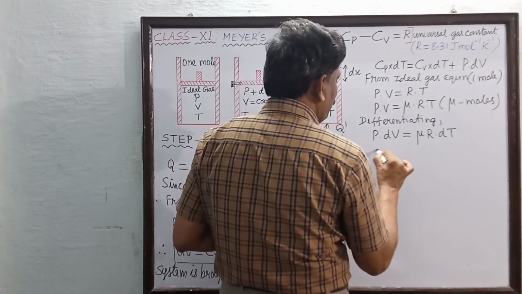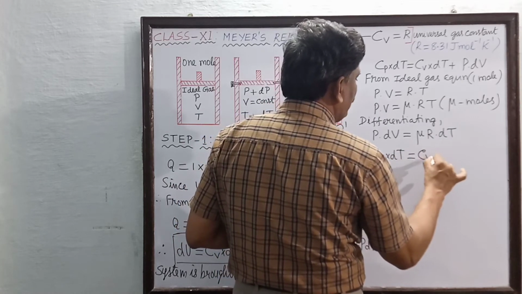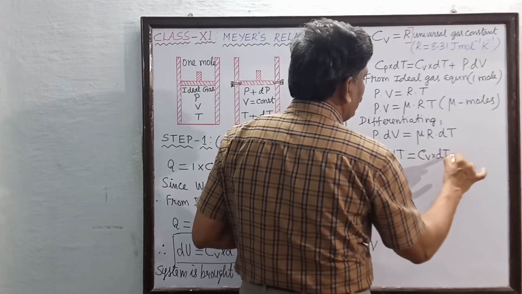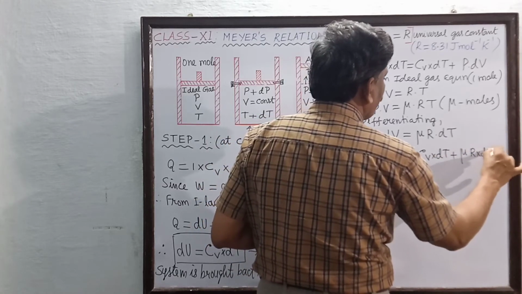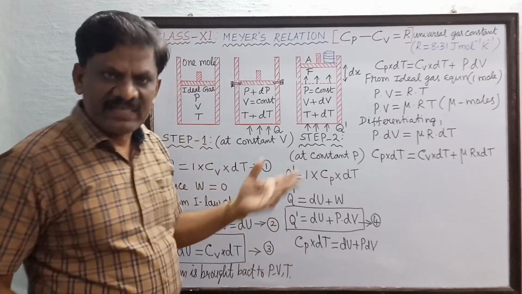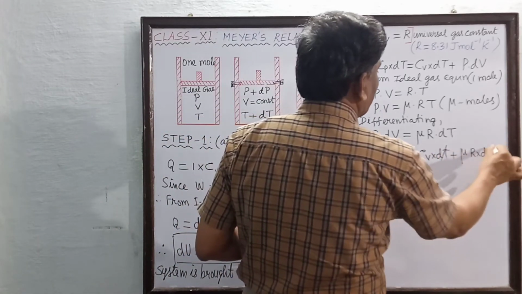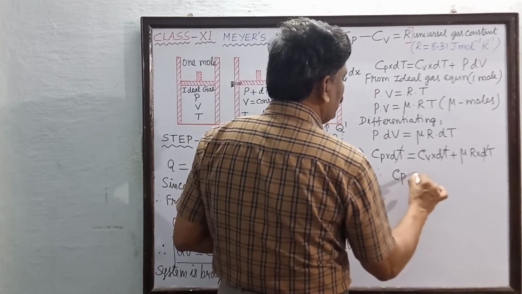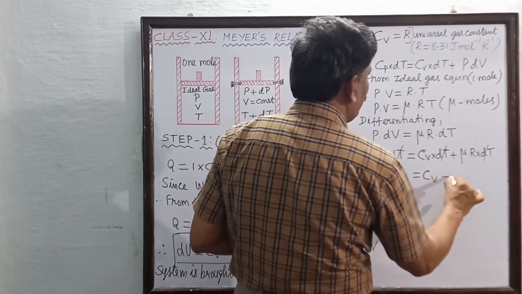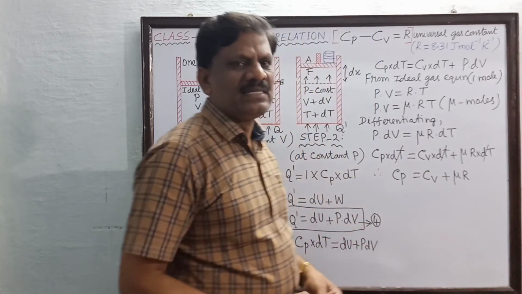So Cp dT is equal to Cv dT plus mu R dT. For the same rise in temperature, dT can be cancelled on both sides. Therefore, Cp is equal to Cv plus mu R. This is for mu moles, is it not?